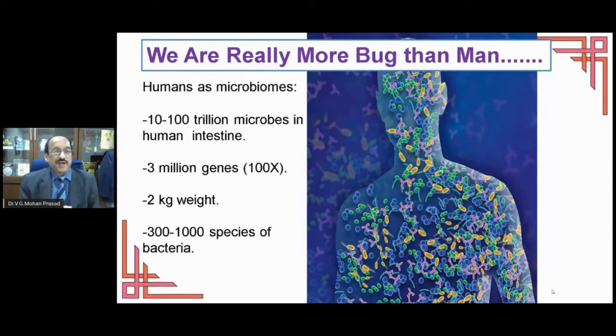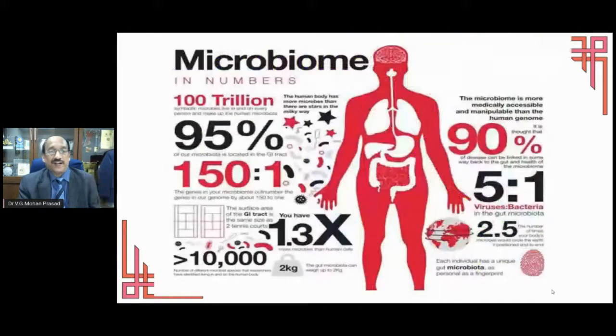The humans as microbiomes, we have 10 to 100 trillion microbes in our human intestine. We never realized we have so many microbiome in our intestine, 3 million genes. So there's 100 times more genomic material from the bacteria and the fungi and the viruses or bacteriophages in our gut when compared to even our own genes. The whole weight of the microbiome could be about 2 kilos, and about 300 to 1,000 species of bacteria are there.